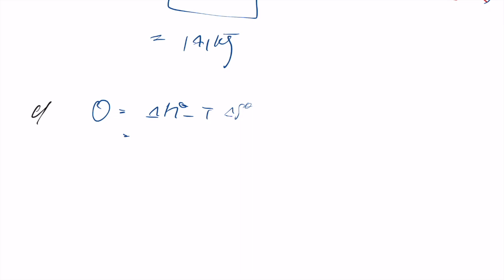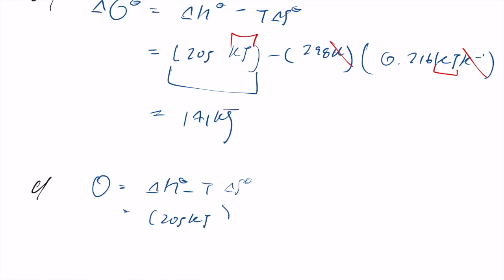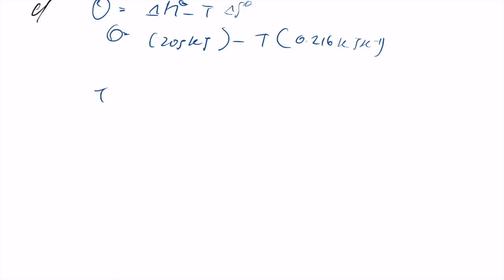Now we know delta H is 205 kJ. We don't know what T is because that's what we're trying to solve for, but we know delta S is 0.216 kJ K^-1. So if we isolate for T, we get that T is equal to 205 over 0.216, which is equal to 949 K, which means that our temperature must be greater than 949 K in order for the reaction to be spontaneous.